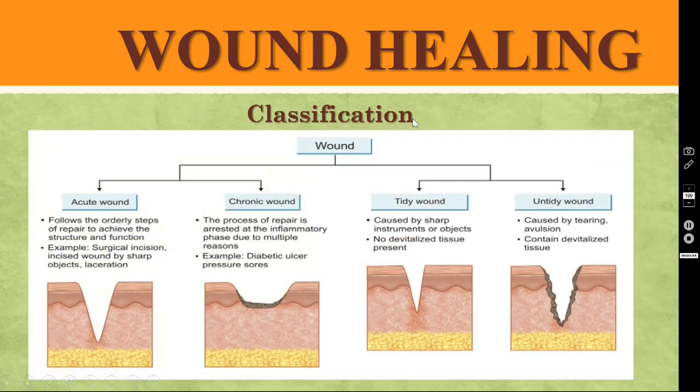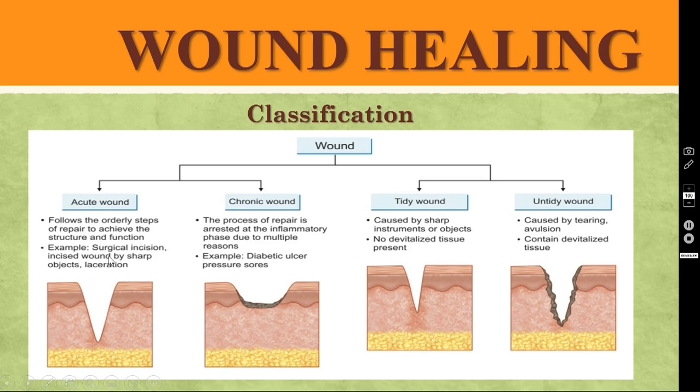So coming to the classification of wound healing, there are so many types of classification. One is that the wound may be an acute wound or a chronic wound. An acute wound follows the orderly steps of repair to achieve the structure and function.